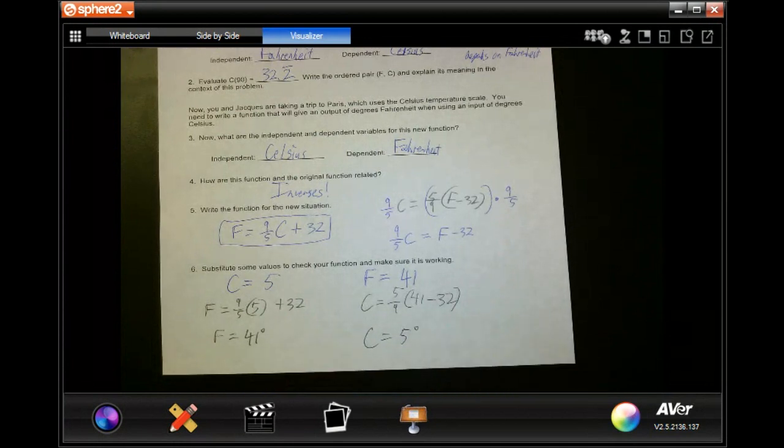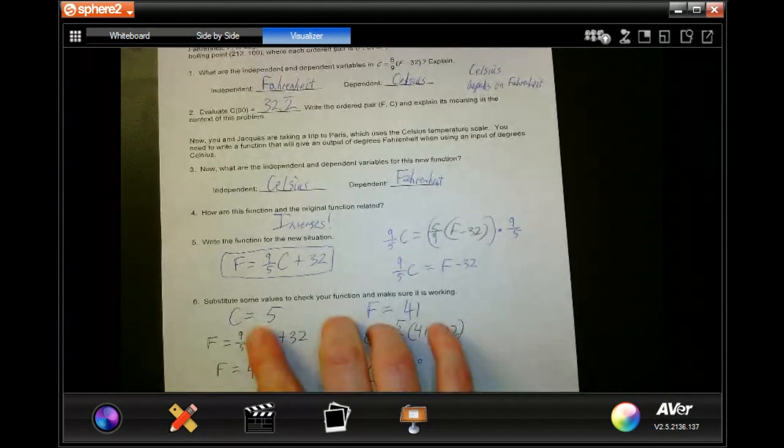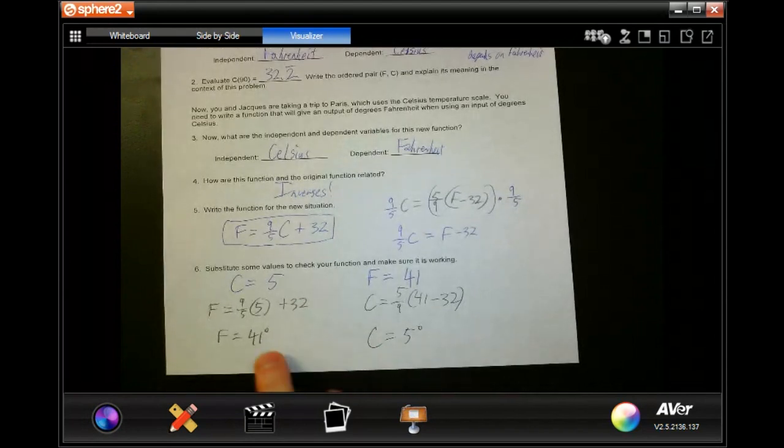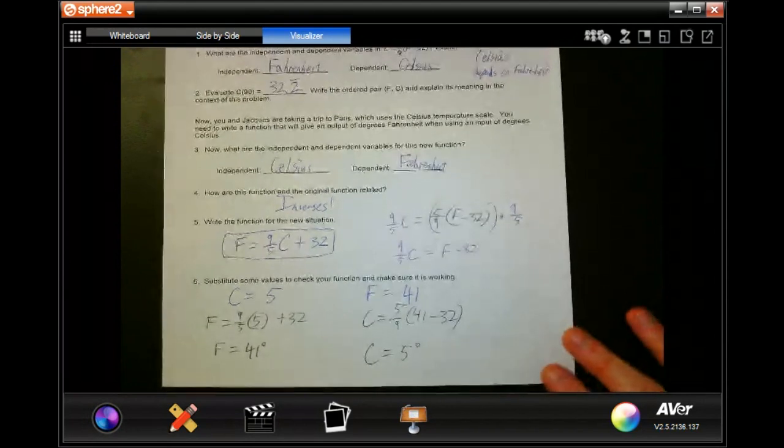And that makes sense, because remember, what's 0 in the Celsius scale? Yeah, it's 32 degrees Fahrenheit. I know it's not the same scale, but 9/5 is almost 10. If you go almost 10 above 32, you got 41. Makes sense.